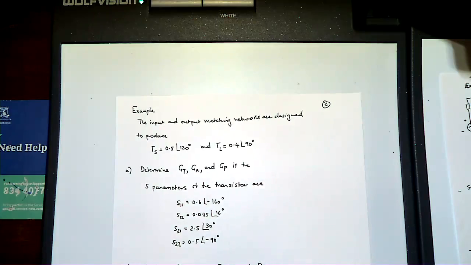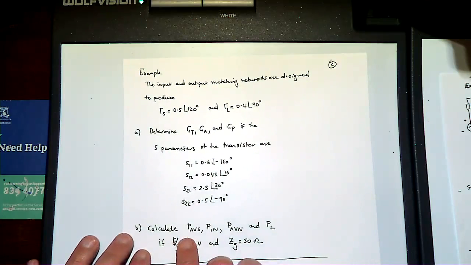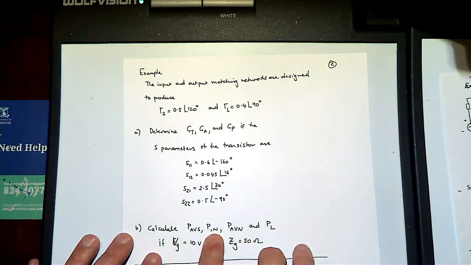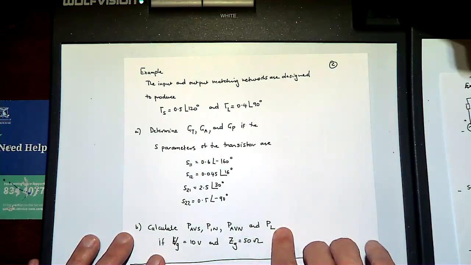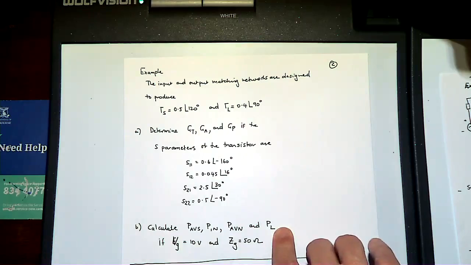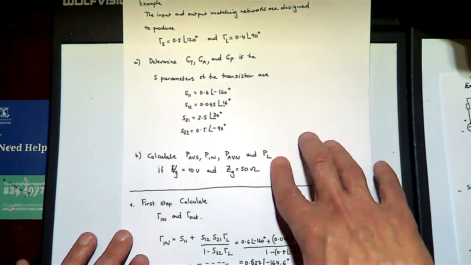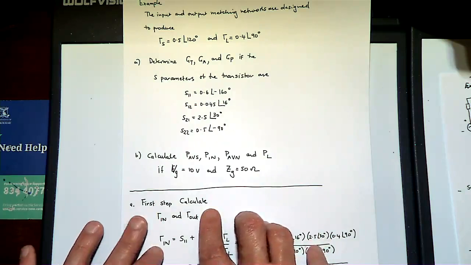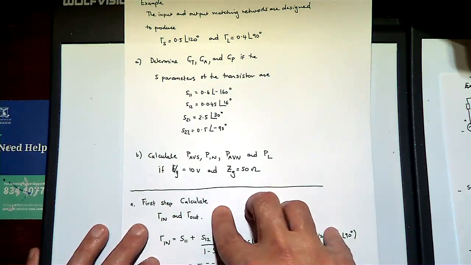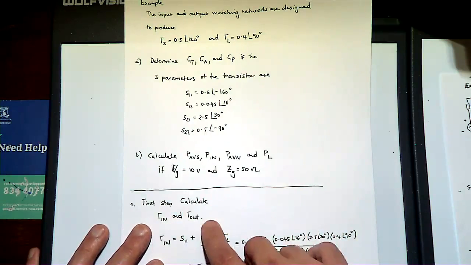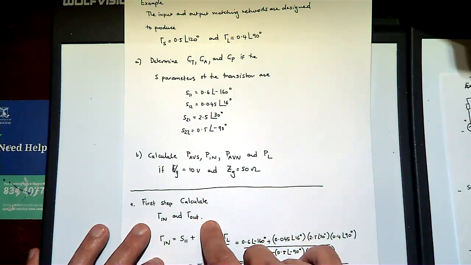I'm asking you to work out the power available from the source, the power input into the network, the power available from the network, and the power available to the load. Based on what we've determined so far, the very first step is to determine gamma in and gamma out.